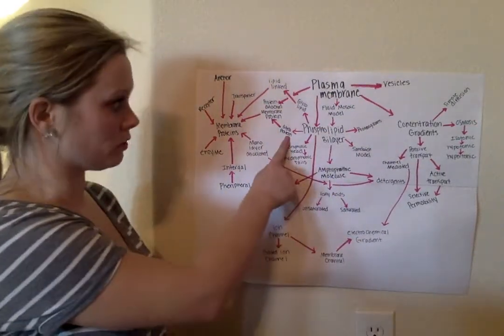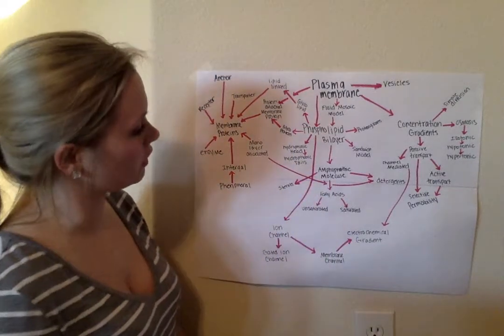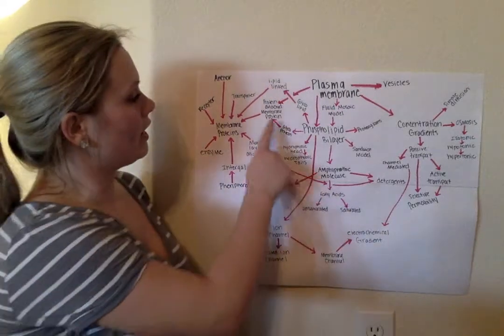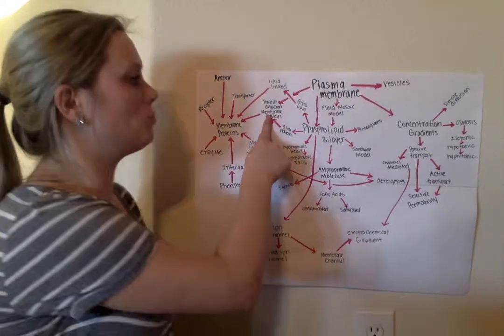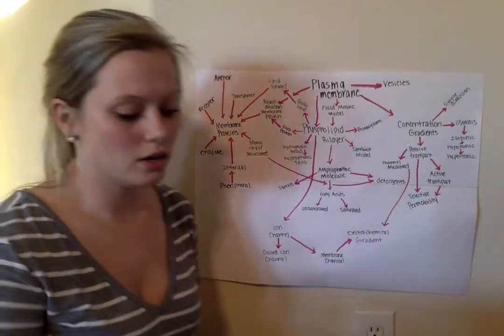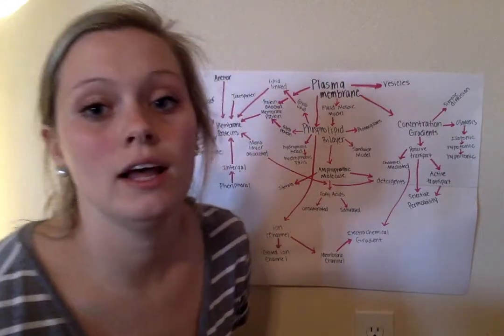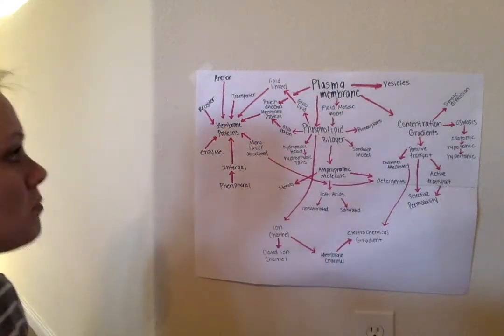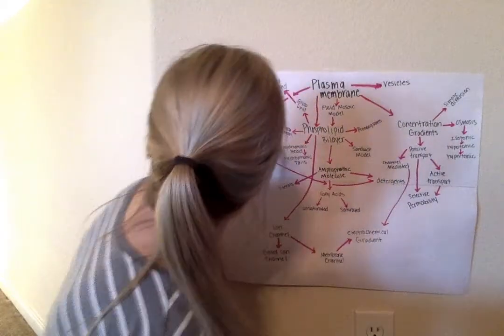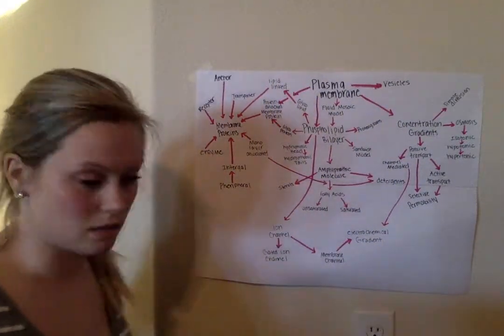You also have glycoproteins, which are a protein that has a sugar attached to it, and there are also protein-attached membrane proteins. So the glycoprotein is not only considered a protein-attached membrane protein, but it's also part of the phospholipid bilayer, and again is connected to the membrane protein.